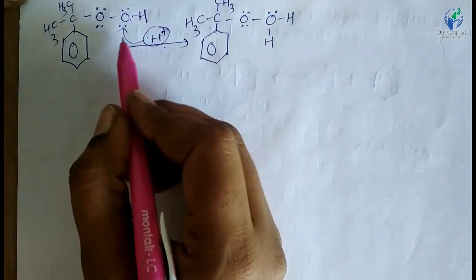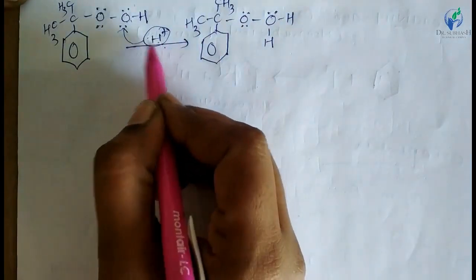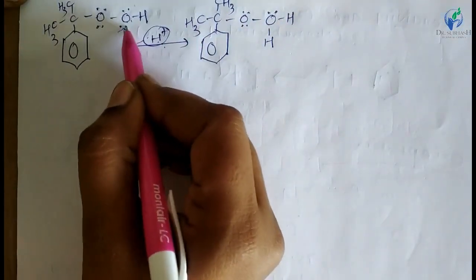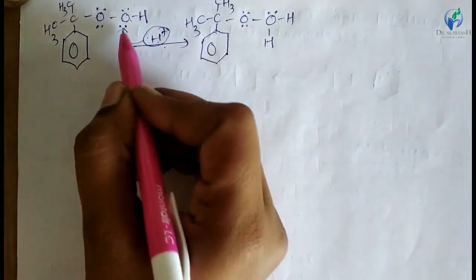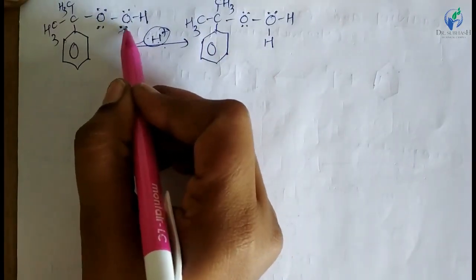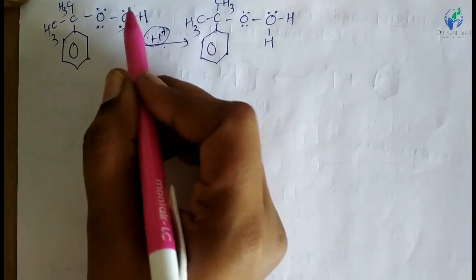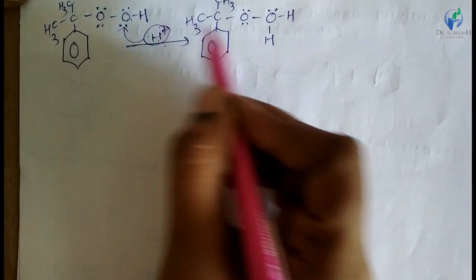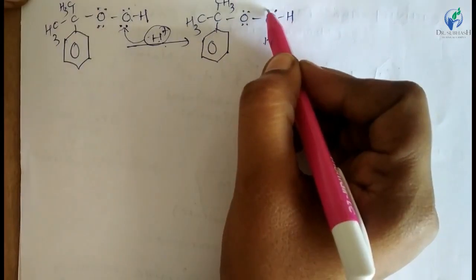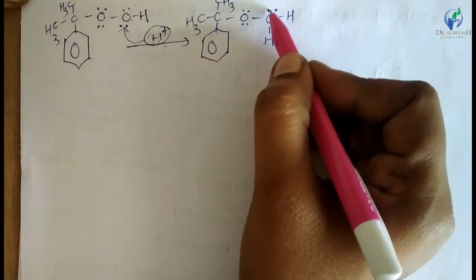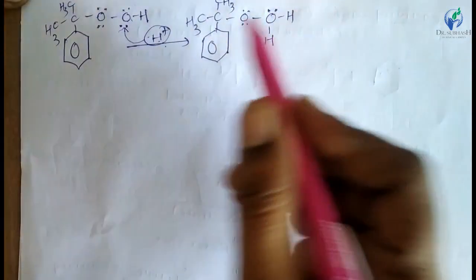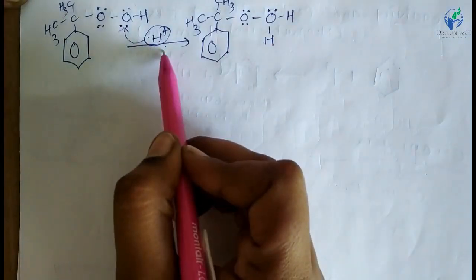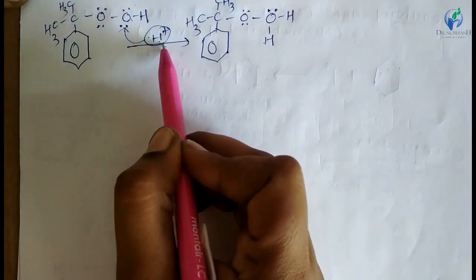But for the protonation, oxygen uses its lone pair of electrons. Oxygen has two lone pairs of electrons. After protonation it remains one. Out of two lone pairs, one lone pair is used for the protonation.